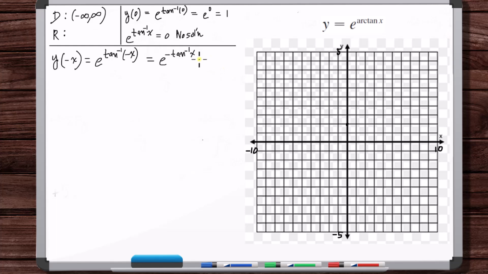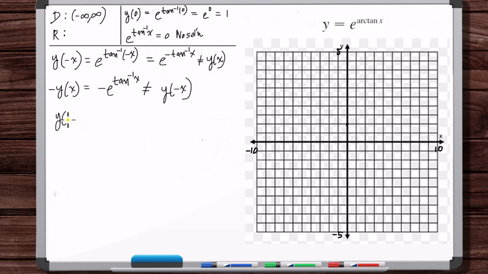Okay, which is not equal to the original function. So this is not an even function. What about, is this an odd function? Minus y of x is equal to minus e to the arctangent of x. This is not equal to this. So it's not an odd function.